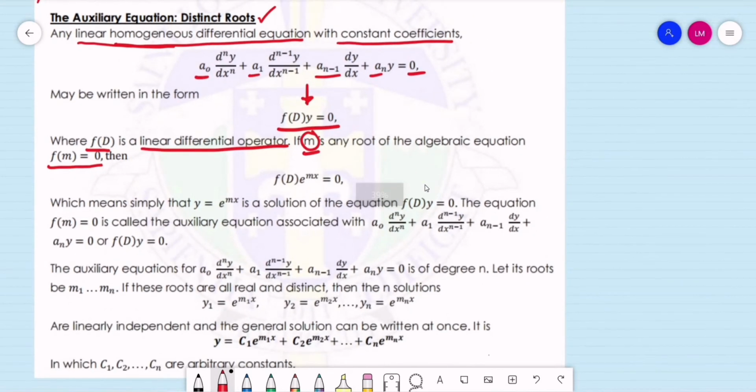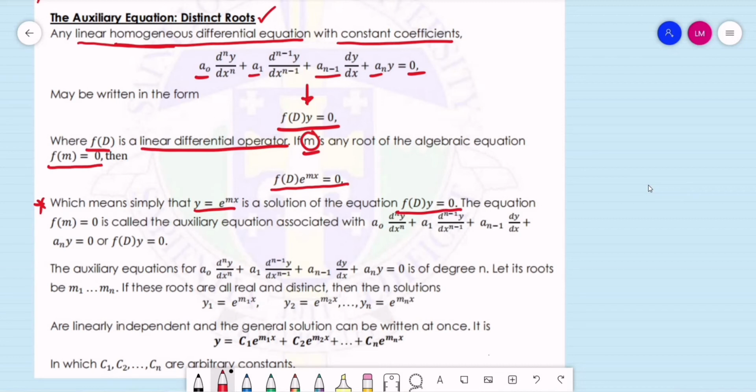So we can rewrite the linear homogeneous differential equation as f of D multiplied by e raised to m times x. Which means the value of y, y equal to e raised to mx, is a solution of the equation f of D times y equal to 0.